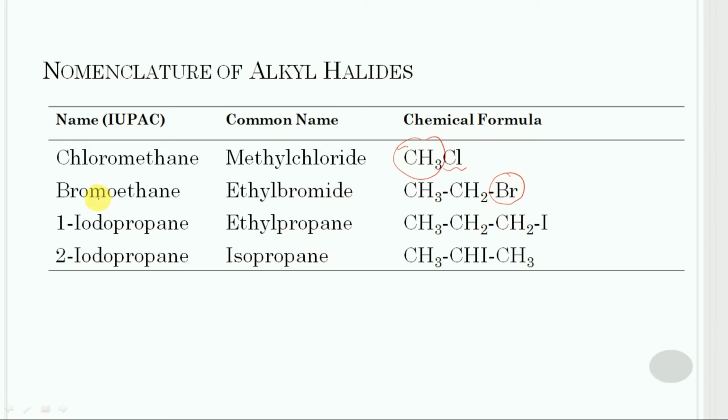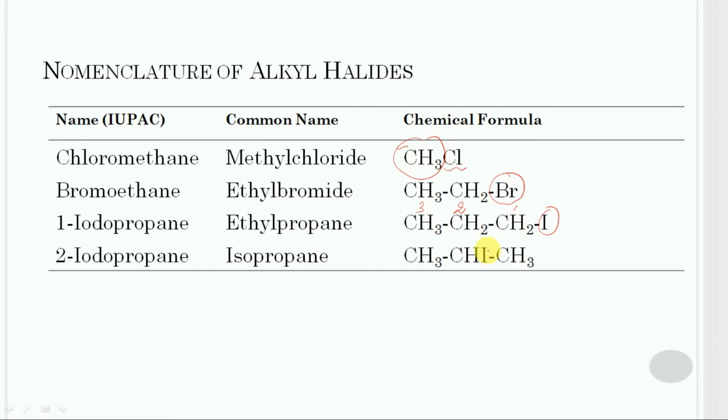So it is bromoethane. In the third case, one hydrogen from propane is replaced with iodine. So it is iodopropane, and the position of the iodine is attached to carbon number 1. So it is 1-iodopropane.